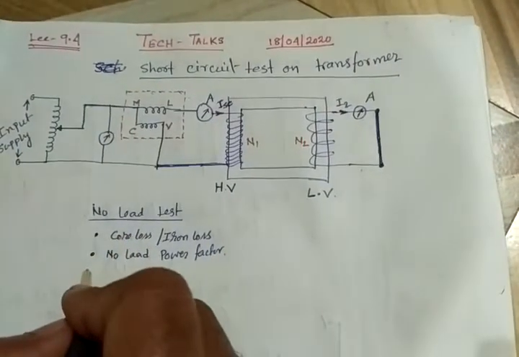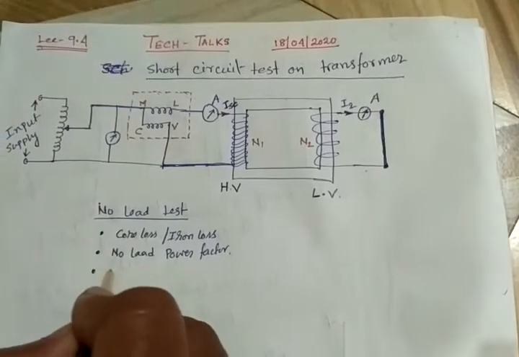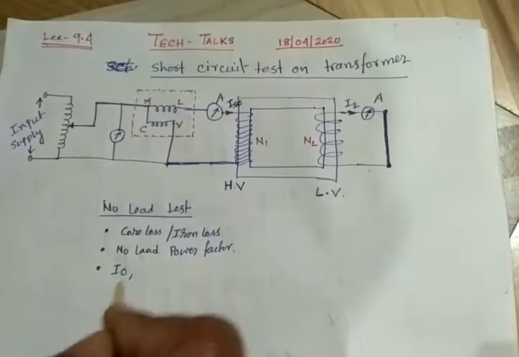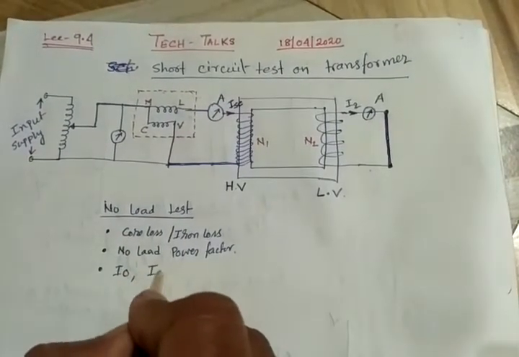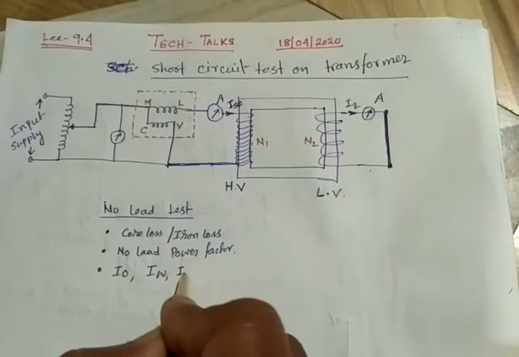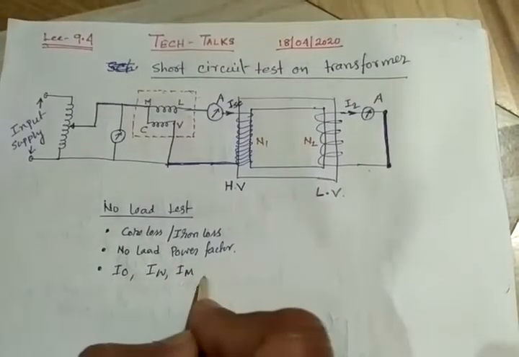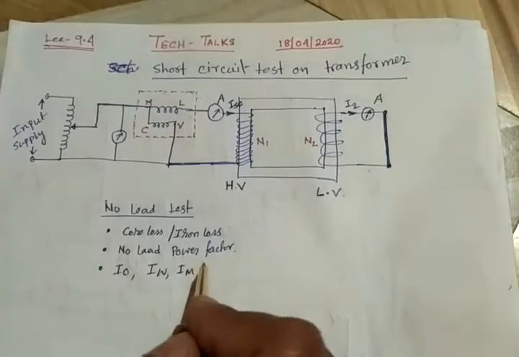Also the magnetizing current and IM, IW: the no load primary current, the working or active current, and the magnetizing current, all of this could be found out from the no load test.